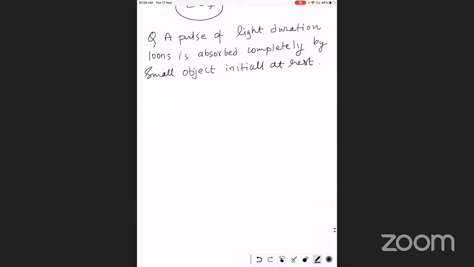The power of the pulse is 30 milliwatt. What is the final momentum of the object?